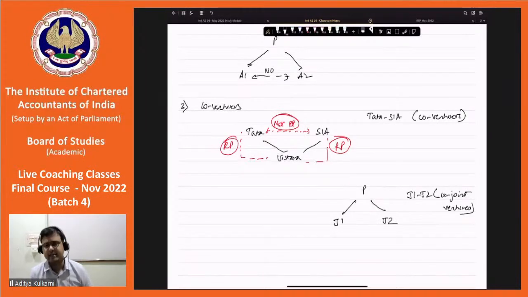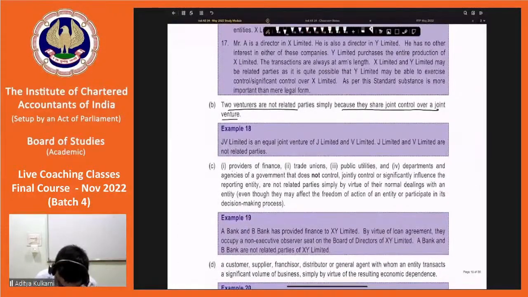So co-associates will not be related, entities with common directors are not related, co-venturers are not related. Then there are three other non-related parties. All clear. Okay. So next one, providers of finance. Banks will not be a related party. Trade unions will not be a related party.